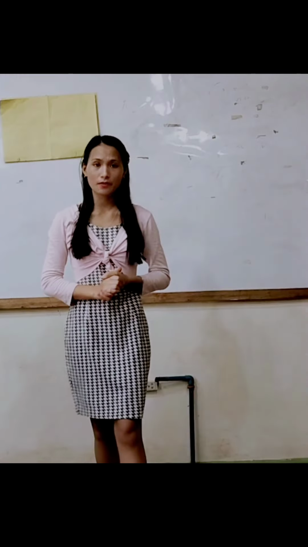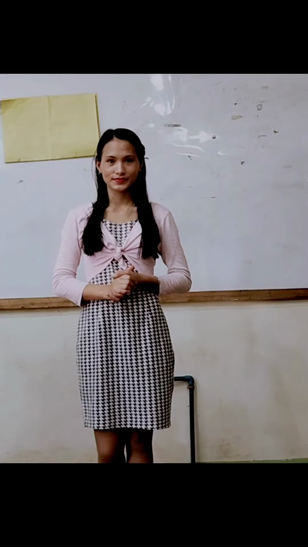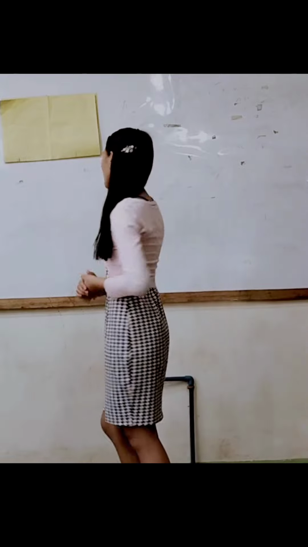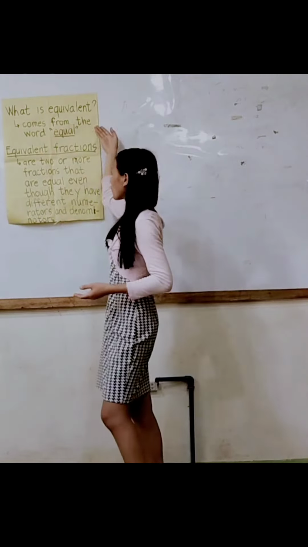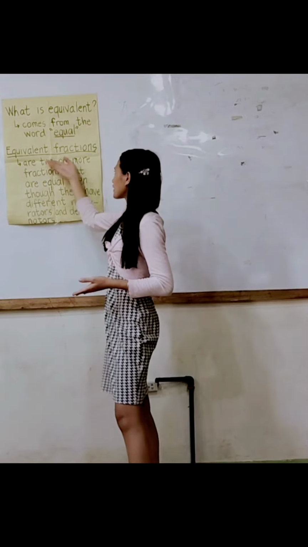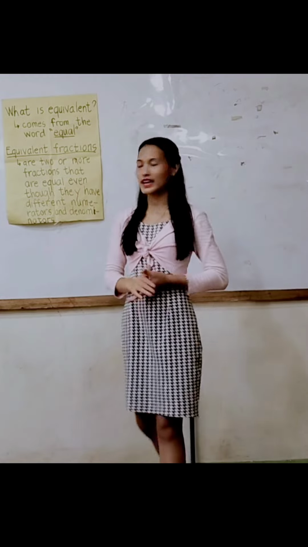What word comes to your mind when you hear the word equivalent? Yes, Vanessa? Okay, very good. So, equivalent comes from the word equal. So, kindly read the definition of equivalent fractions. Yes, Rolex?